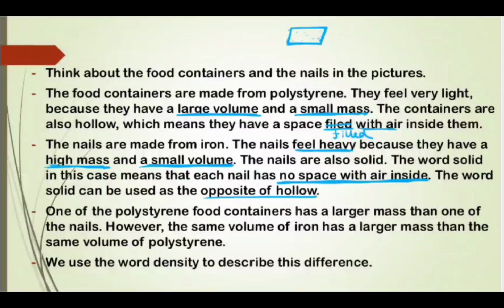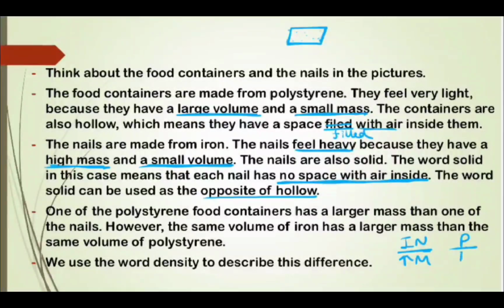One of the polystyrene food containers has a larger mass than one of the nails. However, the same volume of iron has a larger mass than the same volume of polystyrene. So that simply means if I have iron nails and I have polystyrene, iron nails will have a higher mass.